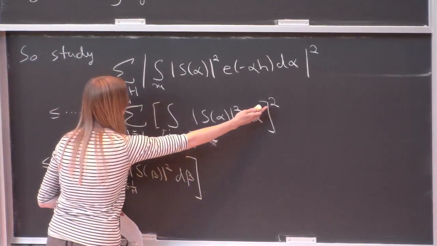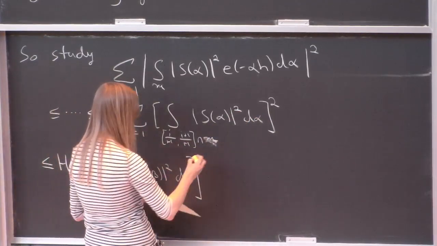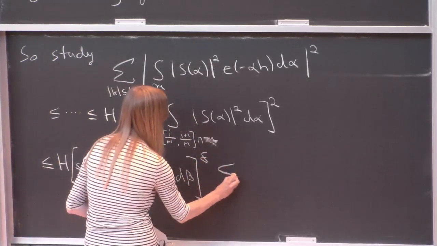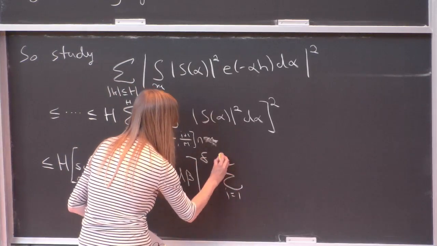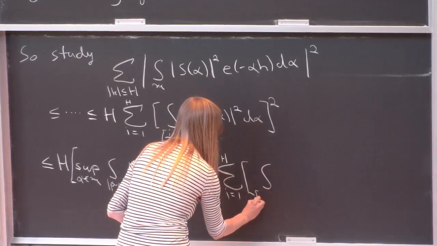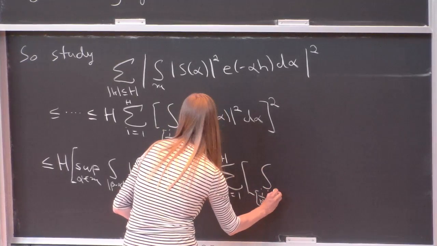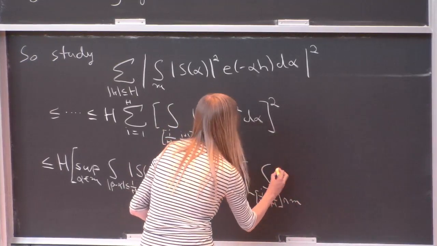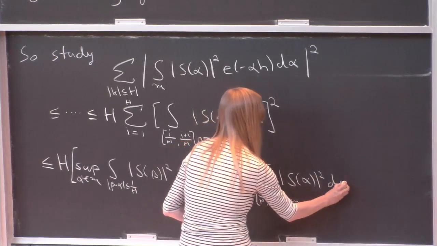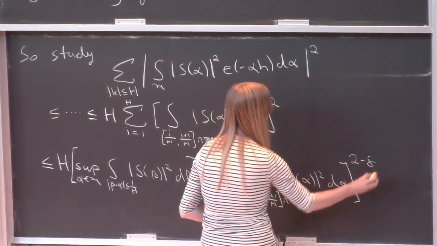And I have a second power here, so I am allowed to take out any power smaller than the second power. So let's say I take power delta out there, and then I'm left with the rest of the thing with a smaller power. So this is the same thing as before, except that now I only have 2 minus delta of these guys left.